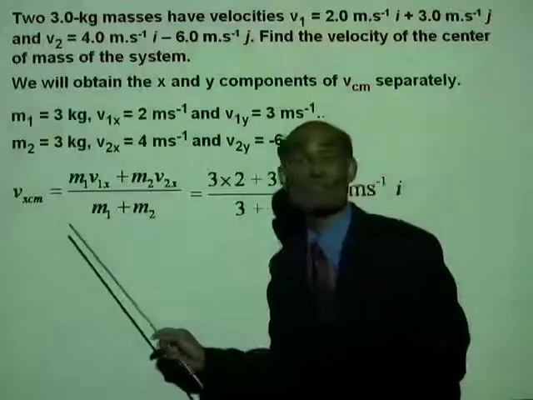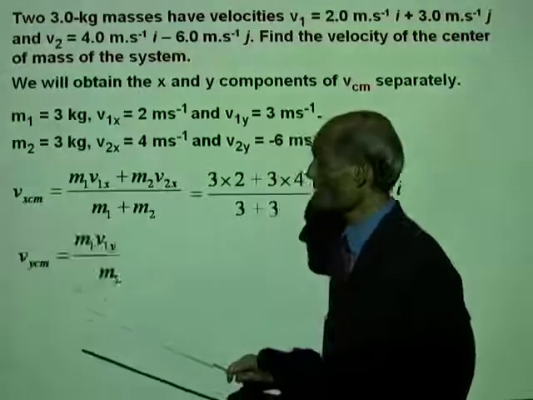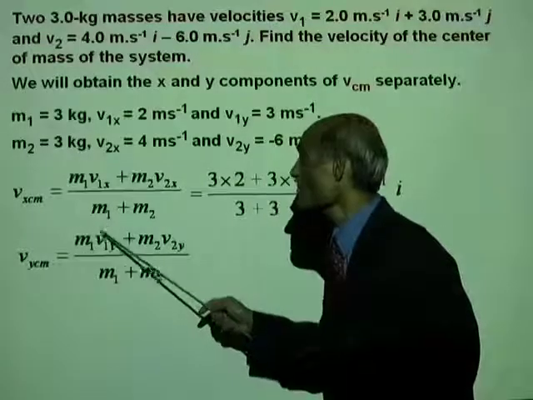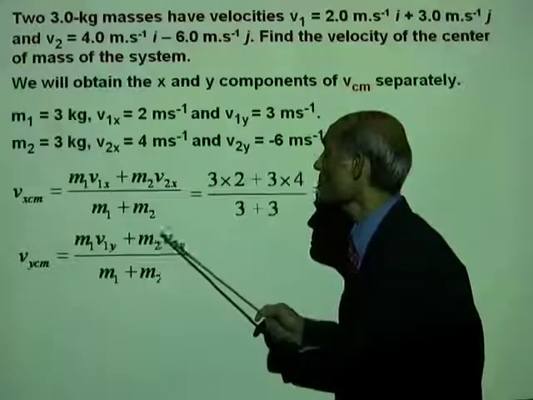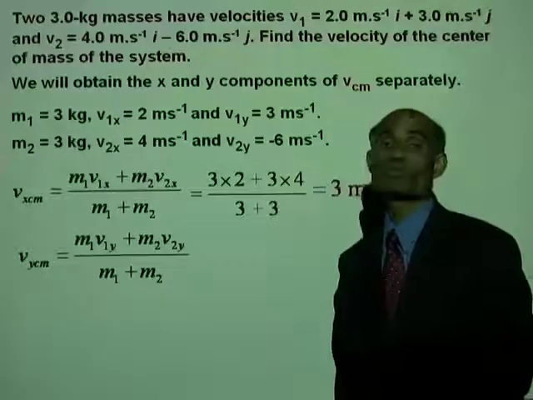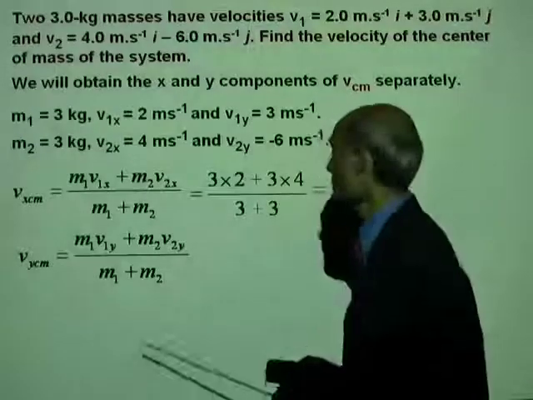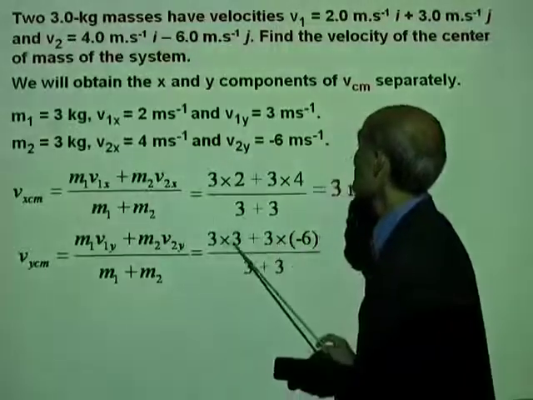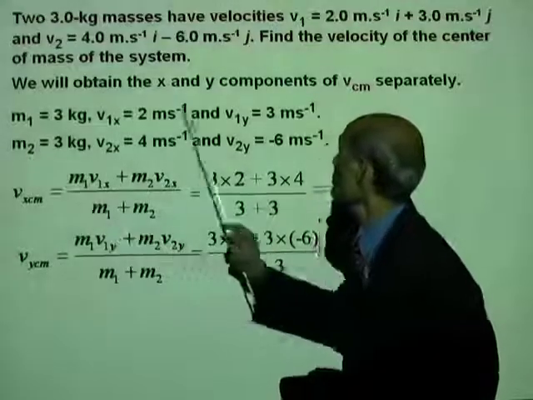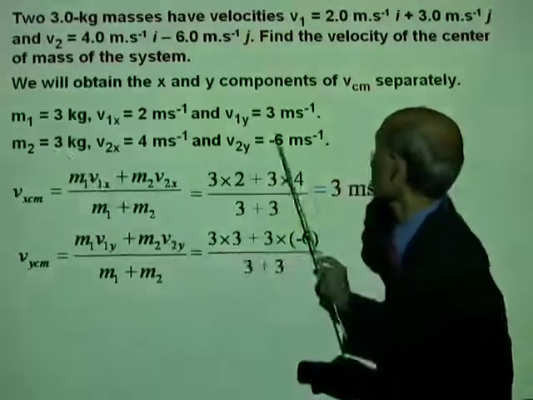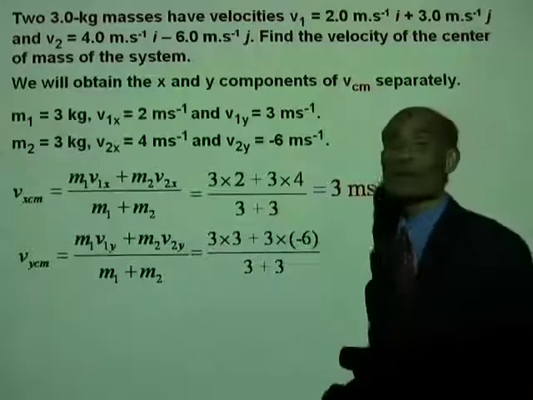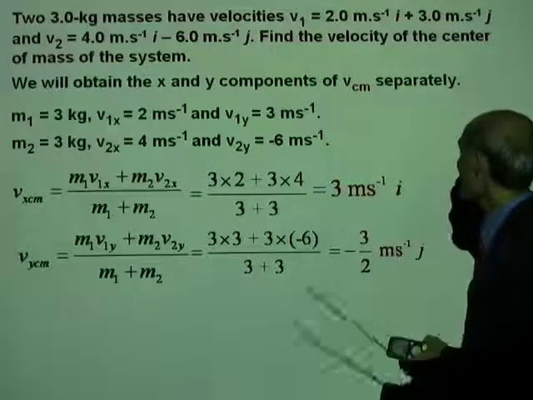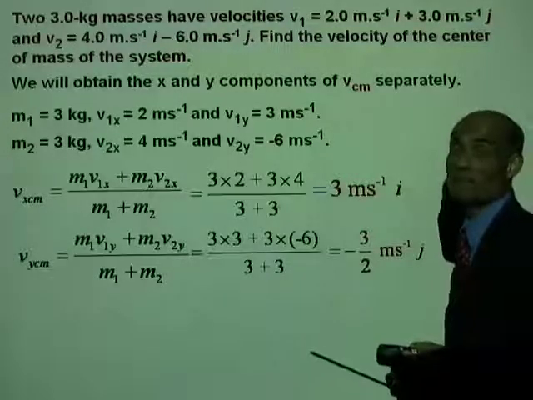Similarly, we find the velocity of the center of mass in the y direction. Vy center of mass equal to m1 v1y plus m2 v2y over m1 plus m2. That is m1 v1y is 3 times 3, plus m2 v2y, 3 times negative 6, divided by m1 plus m2, and that will be negative 3 over 2 meter per second j.